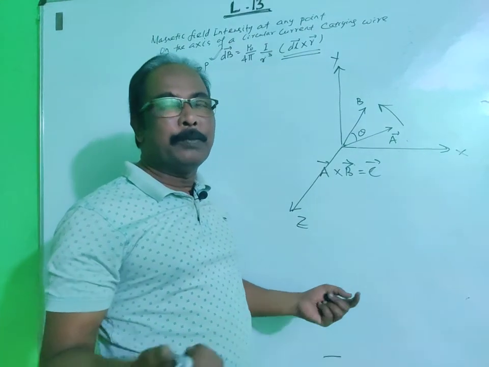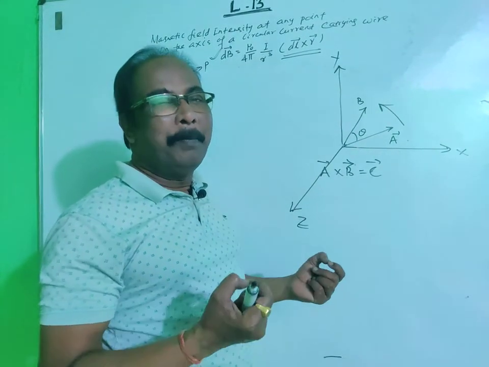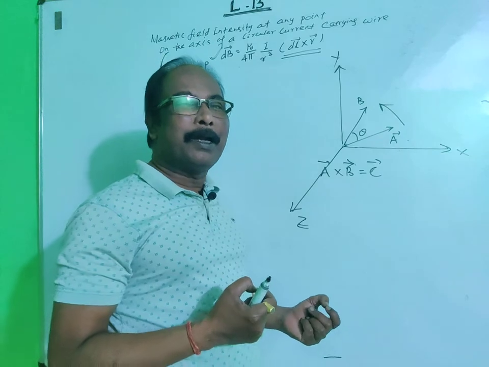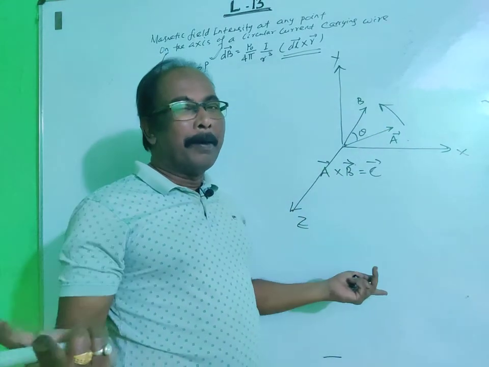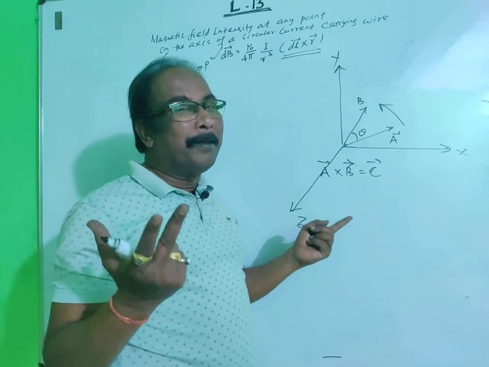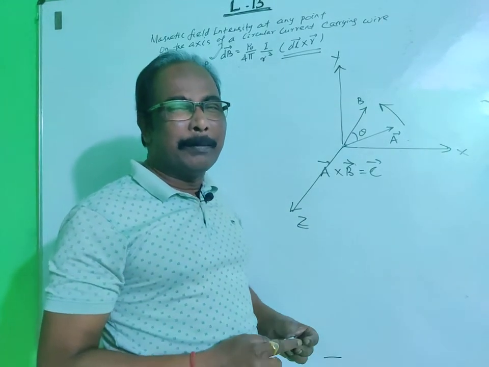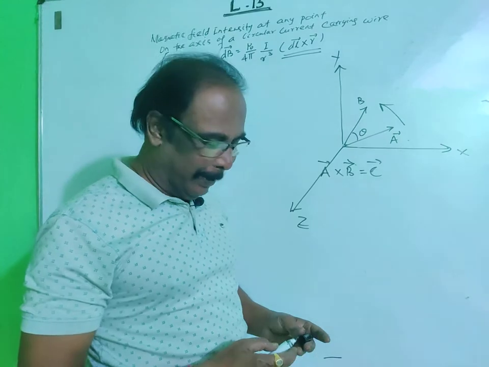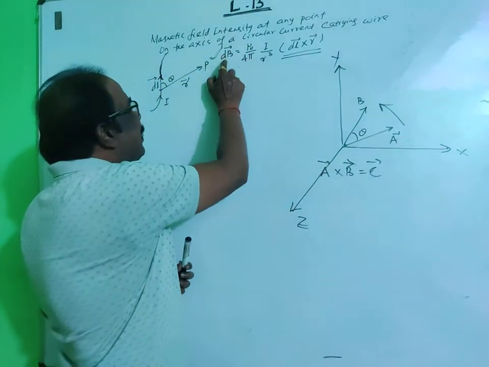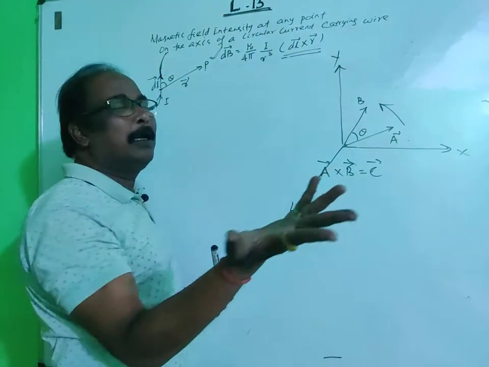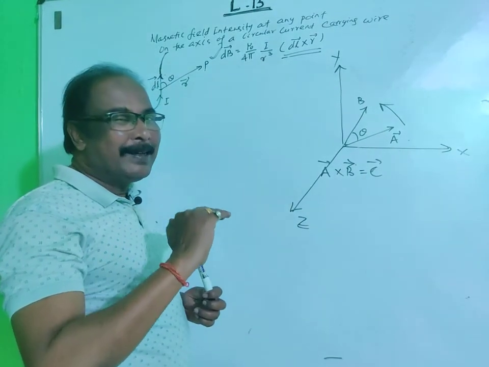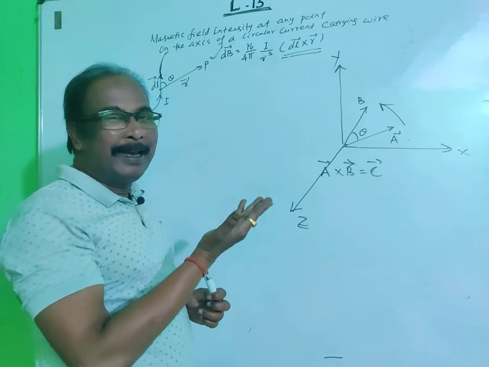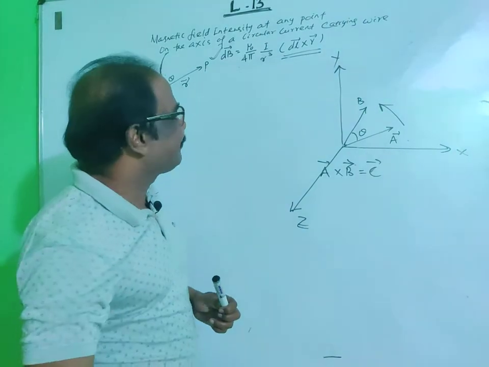The z axis is perpendicular to the xy plane. So the direction of cross product is perpendicular to both the vectors, or perpendicular to the plane of the vectors. This is our basic concept from vector analysis. Then the direction of dB is along the direction of dl cross r. So the direction of dl cross r is the same as that of dB.